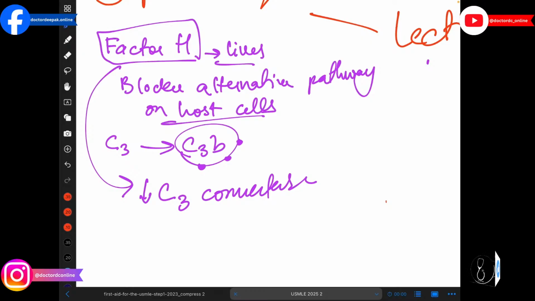And secondly, it cleaves and inactivates C3b itself. Like that, there is no entrance for the attacker on the host.